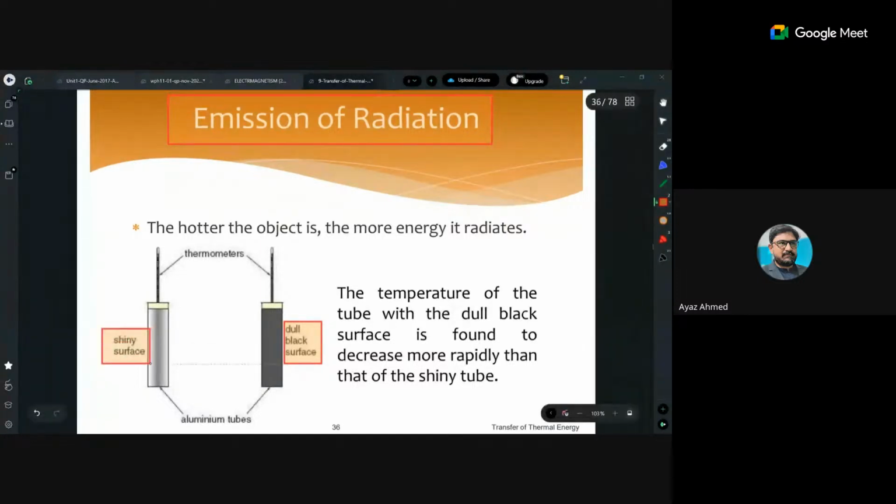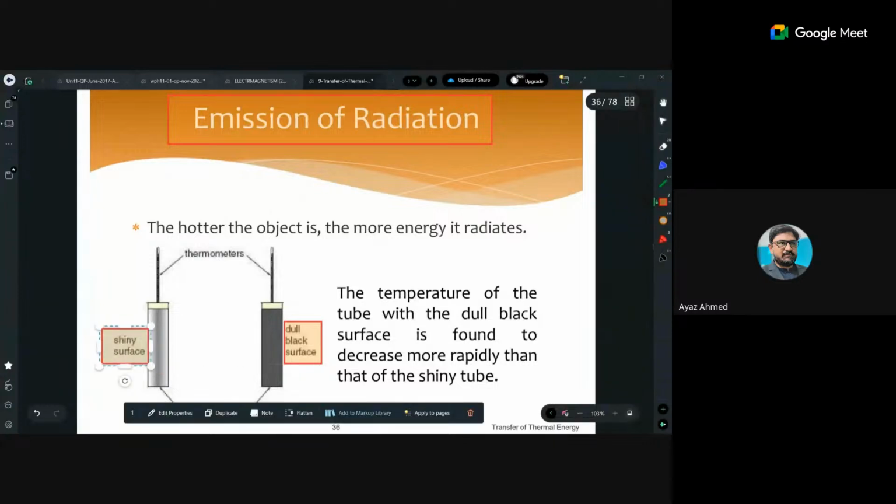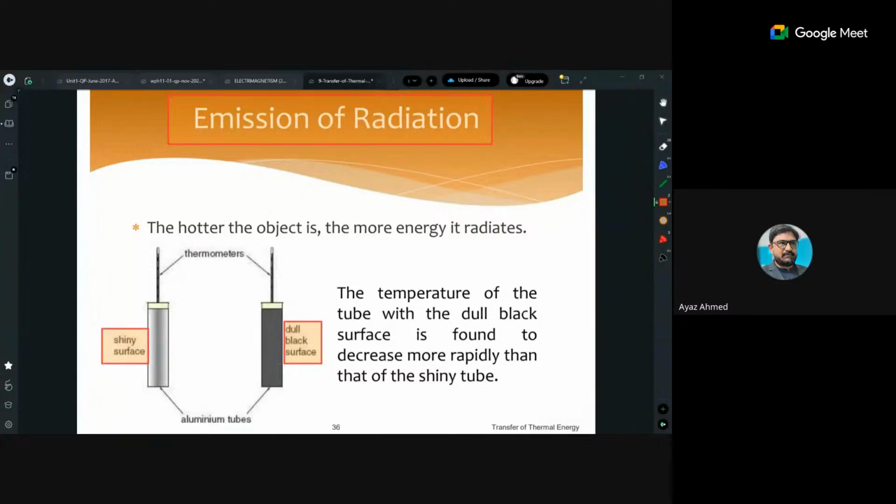In the same way, the shiny and silvery surfaces are best reflectors of radiations, but not absorbers and emitters of radiation. So, इसलिए हम लोग ये देखते हैं कि if there are two blocks, one is painted black and one is painted silvery shiny, so the temperature of the black box or black painted container would fall rapidly.